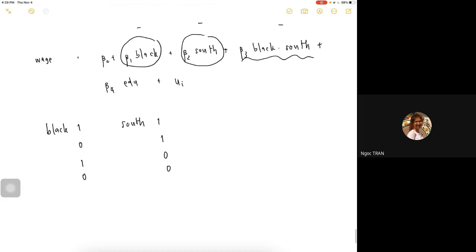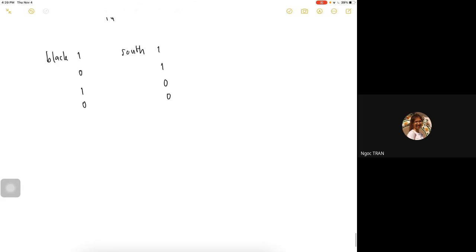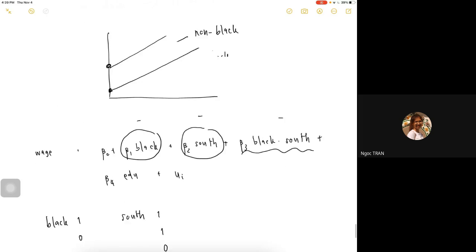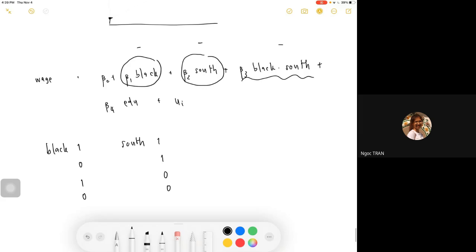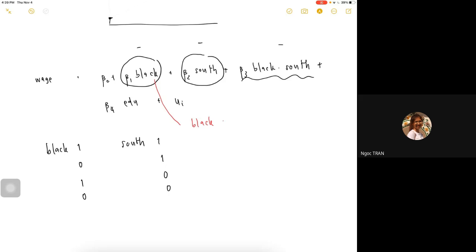So talking about this, I'm not sure that you can remember what you have learned in class. If you have a dummy variable, basically you will have a base group or reference group to interpret your result, right? So in this case, for example, for beta 1, black here is equal to 1 or 0, right?